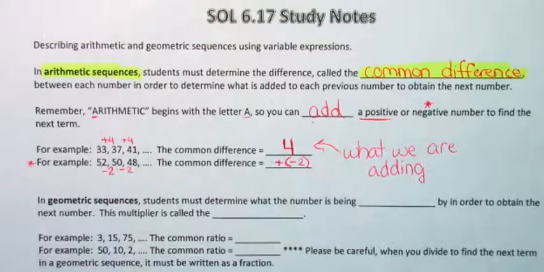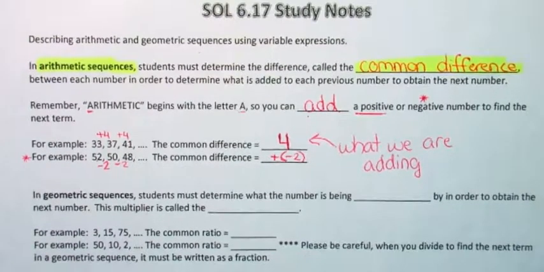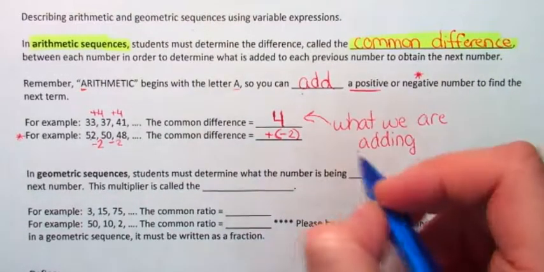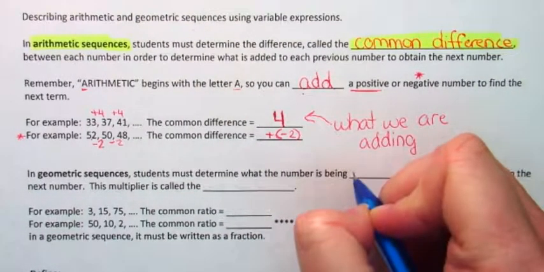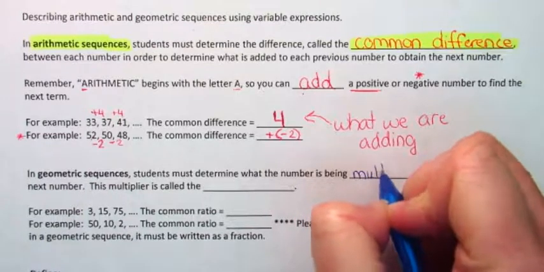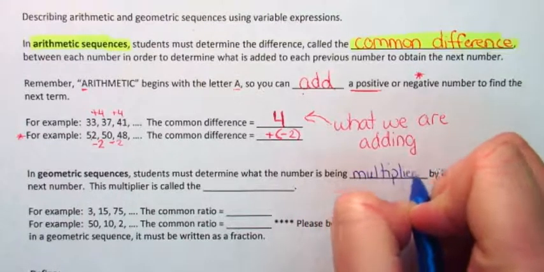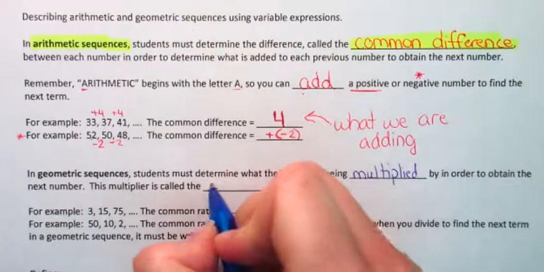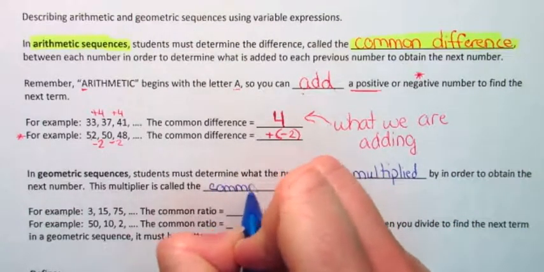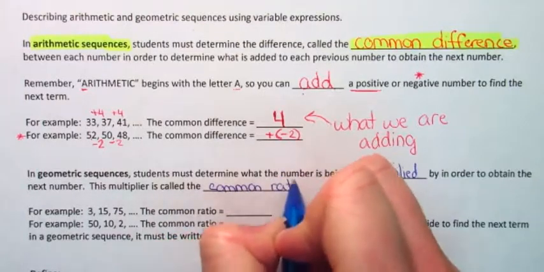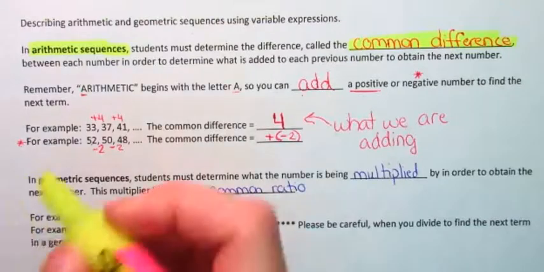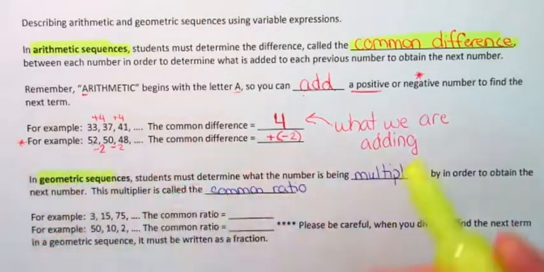Now the opposite of an arithmetic sequence is a geometric sequence. In a geometric sequence, we have to determine what number is being multiplied in order to find the next term, and this is called the common ratio. So in geometric sequences, I'm going to highlight that geometric part.